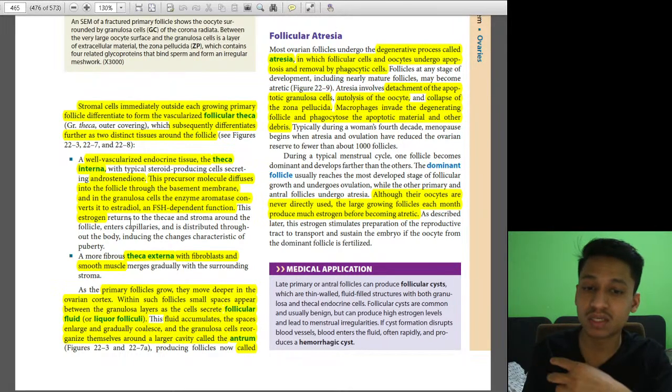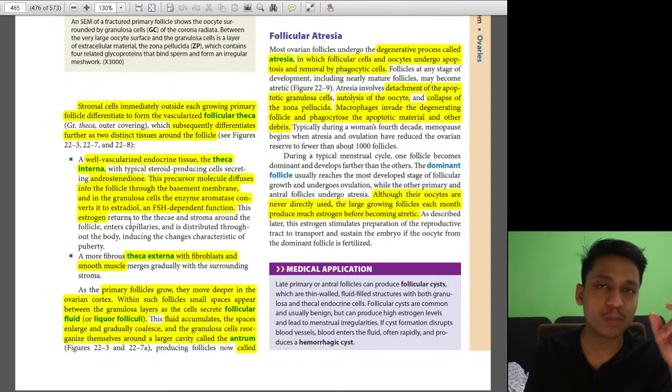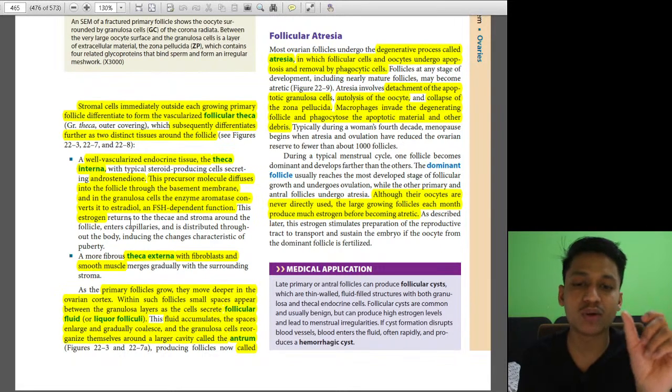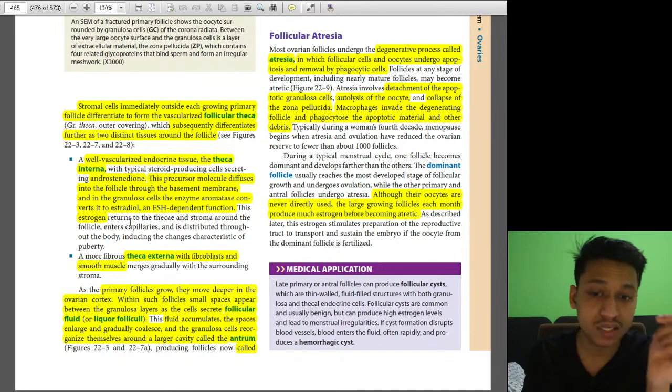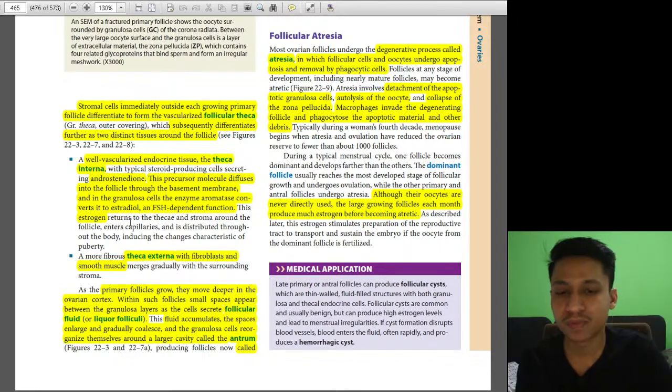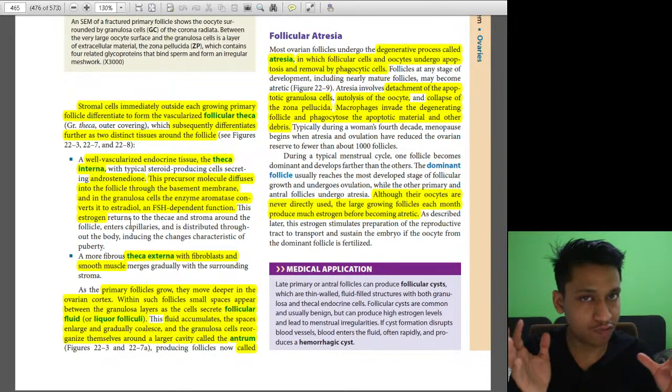The enzyme aromatase in the granulosa cells converts this androgen, the androstenedione, to what? Estradiol. And this estradiol, basically estrogen, then goes through the theca's vasculature throughout the body. This is all the feature of the theca interna.